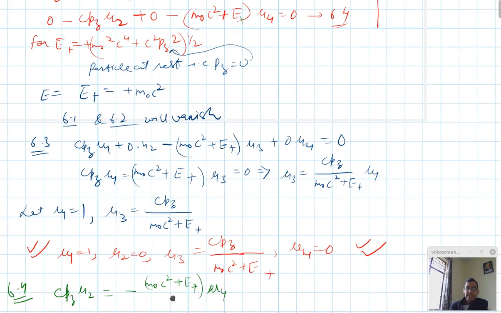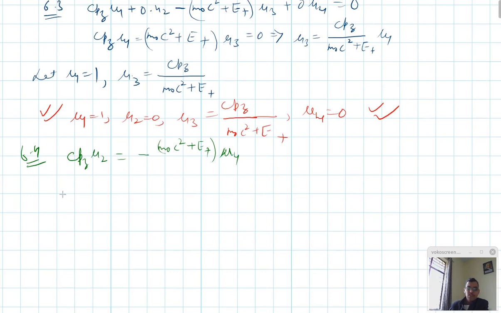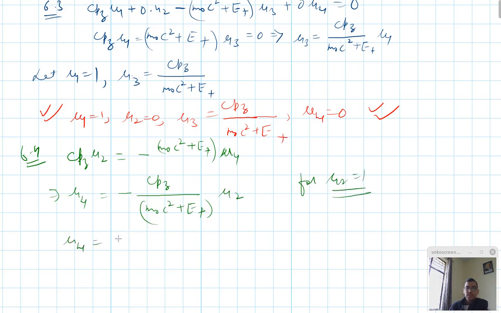So from here I can calculate that u4 must be equal to minus cpz over m₀c² plus E plus times u2, and for u2 equal to 1, u4 is equal to minus cpz over m₀c² plus E plus, right?